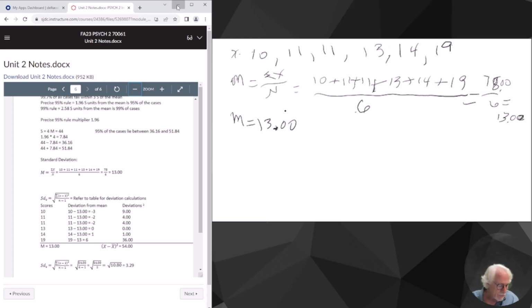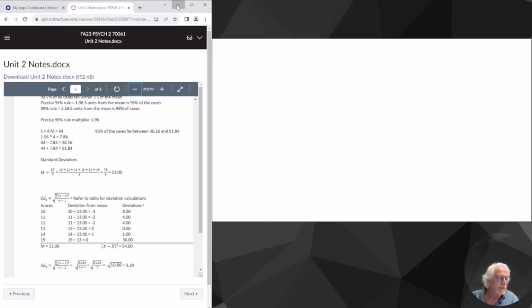All right. So now, when you go back to the formula, I'm going to be jumping back and forth. Standard deviation is equal to the square root of the sum of x minus x bar, or mean, squared, over n minus 1.